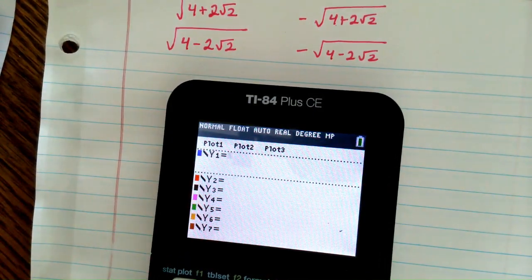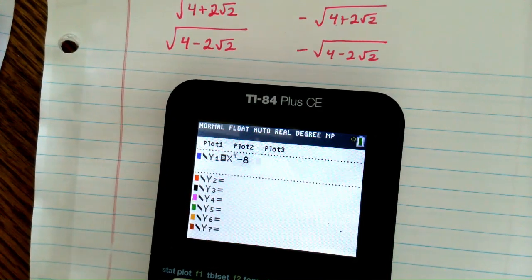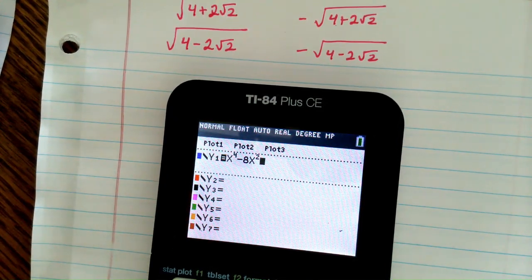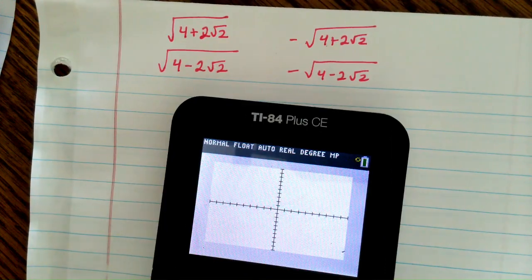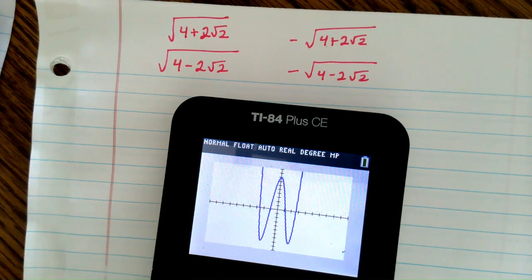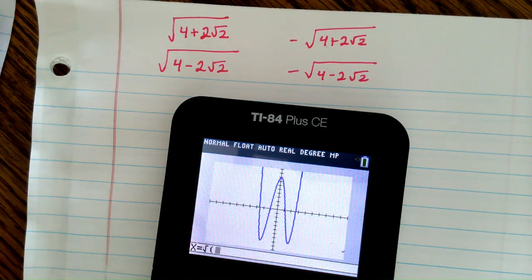So our original problem was x to the 4th minus 8x squared plus 8. We'll graph that. Oh, definitely. Oh, look at that nice pretty W. Okay, so we had the square root of 4 plus 2 square roots of 2.